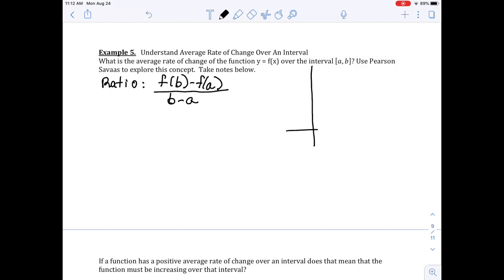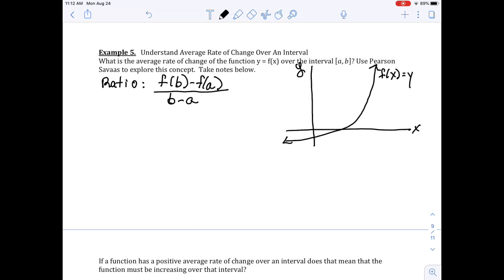All right, so let's talk about b and a and what that looks like on a graph. So let's go ahead and draw just the first quadrant of a coordinate plane. And I'm going to put on a curve, any curve. And we're going to refer to that curve as the function f of x.